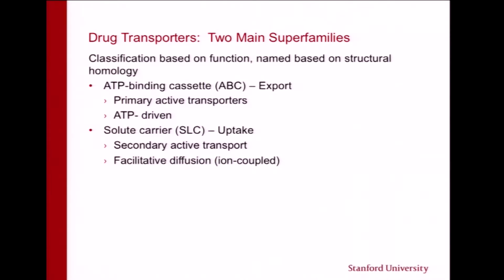The other type are solute carrier proteins, SLC. And those are involved in uptake, so moving things from the outside of a cell to the inside of a cell. And those work through secondary active transport, which means by coupling with the movement of an ion through the cell membrane, they can also move these compounds.